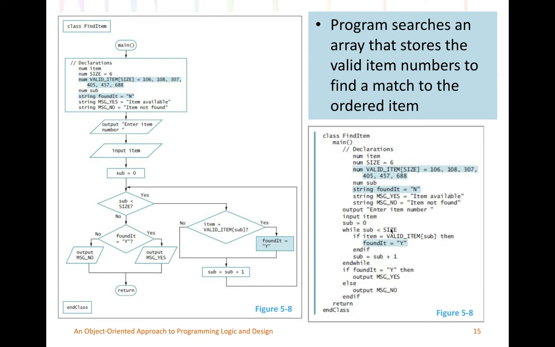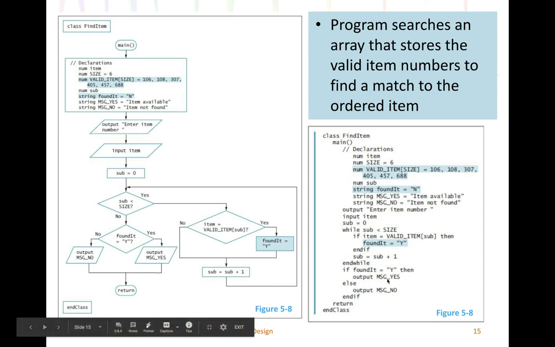If 1 is less than size, which is 6, we're going to search the next element and the next and the next. But let's just say 106 was what we were looking for. We found it. So after we continue looping, we're going to ask, hey, did we find it? If we did find it, we're going to set the message, hey, the item is available. If we didn't find it, we're going to output the message, item is not available.